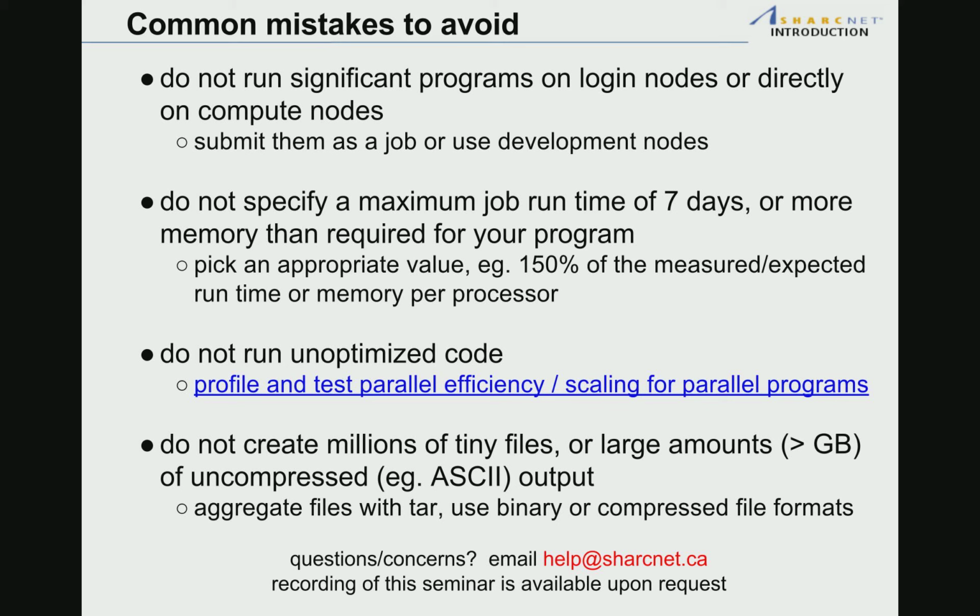Do not specify a maximum job runtime of 7 days or more memory than required for your program. We recommend picking an appropriate value, for example, 150% of the measured or expected runtime or memory per processor. Now, the scheduler uses these estimates to allocate the resources of all the jobs that are being submitted by all the users.